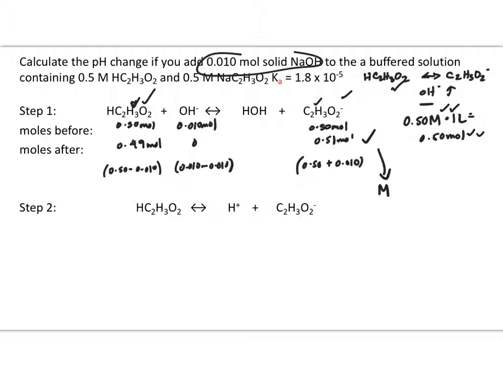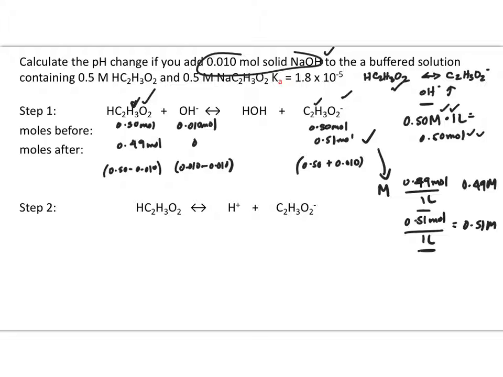We're going to take our 0.49 moles per 1 liter and our 0.51 moles per 1 liter, and of course we're going to get our new molarities for each of the species. Now, obviously, if the sodium hydroxide was a solution instead of a solid, this value of our volume would change, but since it's a solid that we added, there is no change there.